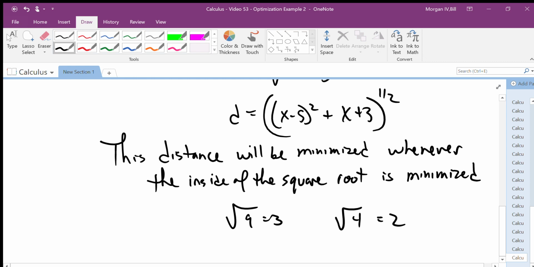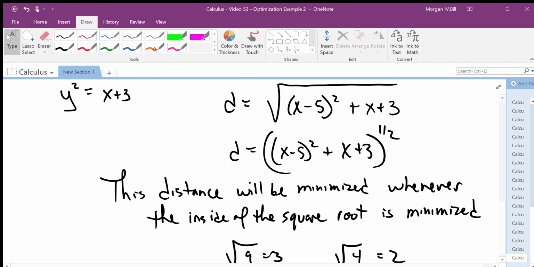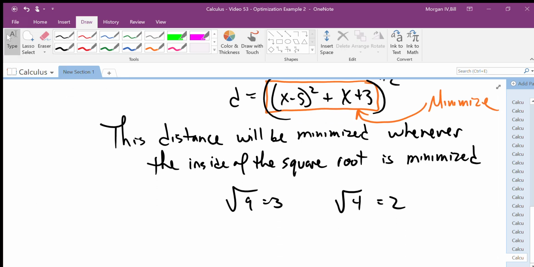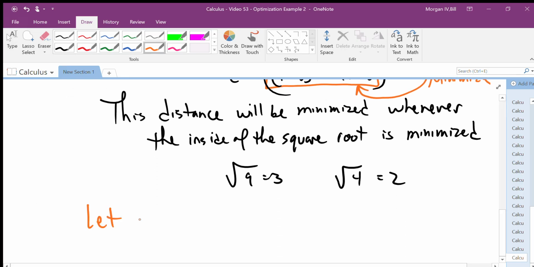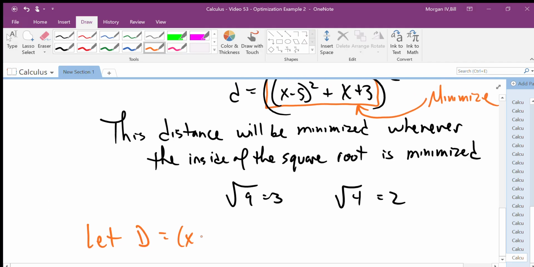So what we're saying is we don't have to do this whole square root part. All we have to do is minimize what is inside here. If we minimize what is in orange here, we will also minimize the square root of that. So I'm going to call a new distance D and say let D equal not the square root of it, but just the x minus 5 squared plus x plus 3.